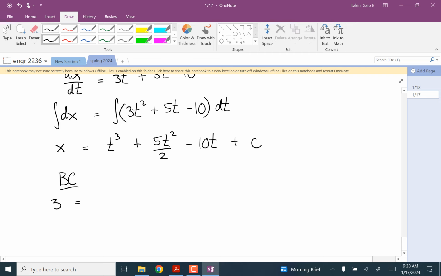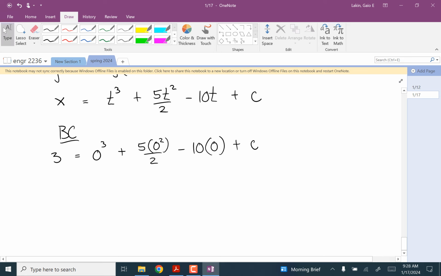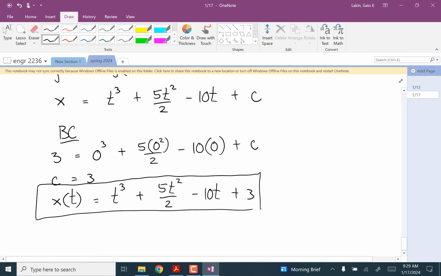So 3 is equal to 0 cubed plus 5 times 0 squared over 2 minus 10 times 0 plus c. So c is equal to 3. And so your function x is equal to t cubed plus 5t squared over 2 minus 10t plus 3. Okay, any questions about that?